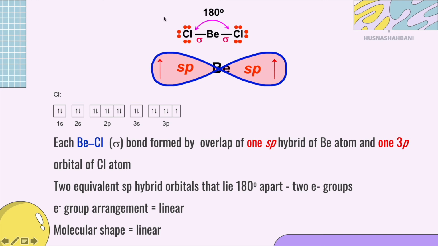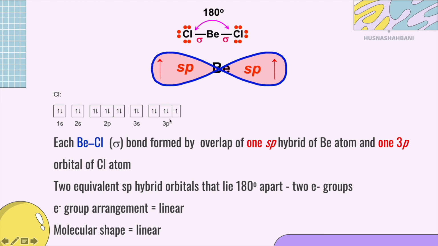So we have to draw the orbital of Cl. First, you have to draw the orbital diagram of Cl. If you look at the orbital diagram of Cl, the position of the unpaired electron, because in order to form this bond, this Cl requires one unpaired electron to form a bond with this unpaired electron of the Be central atom.